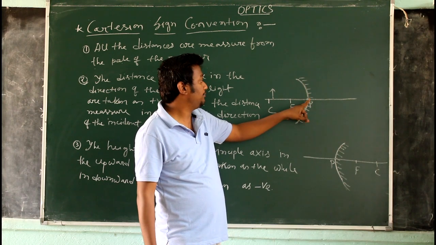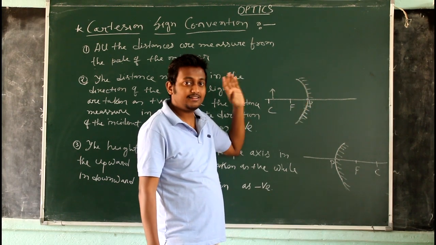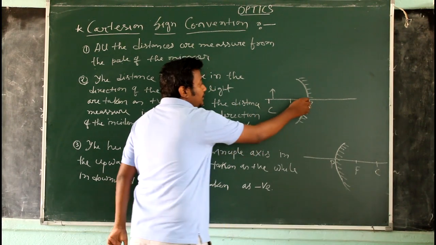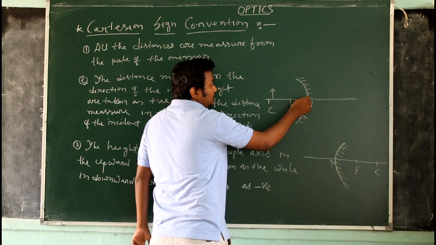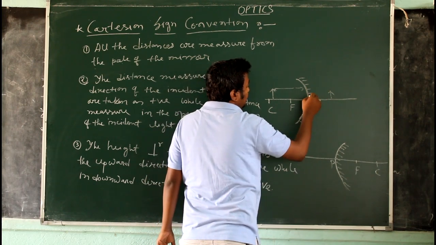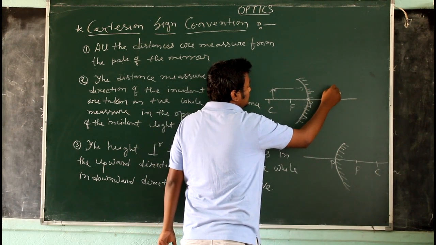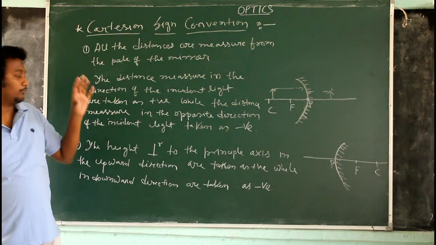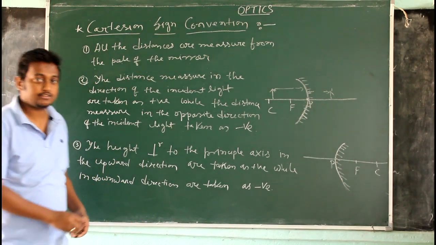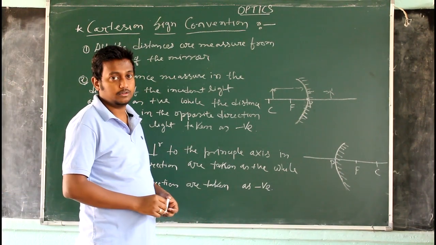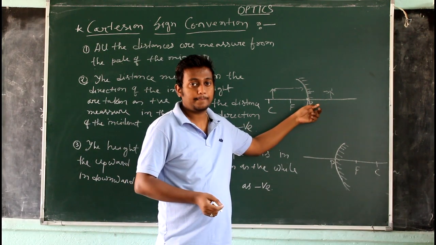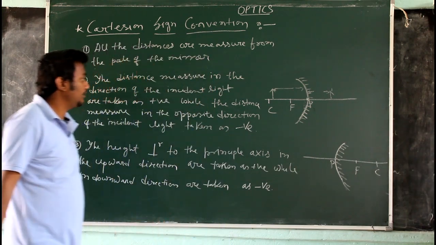All the object distances and image distances are measured from the pole, in the case of a spherical mirror. So this is the first point.